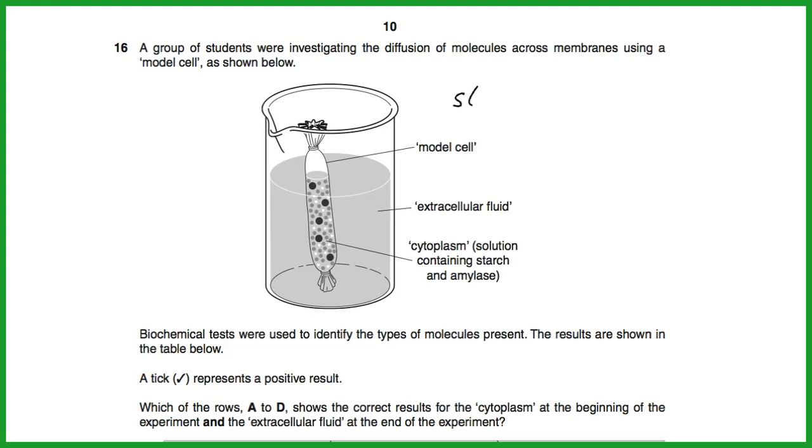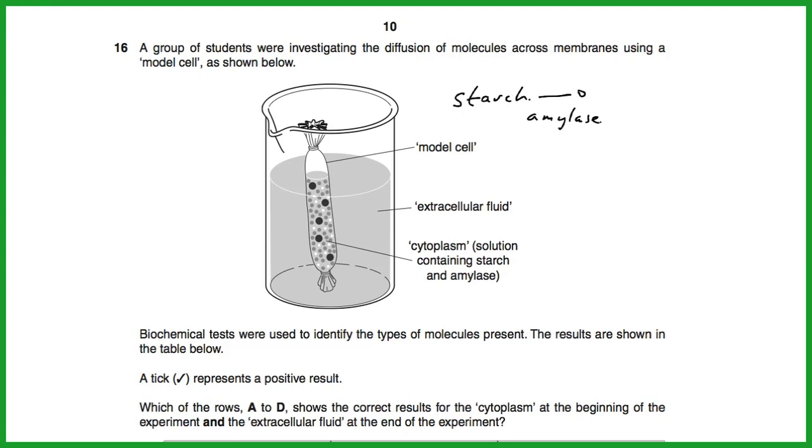So if they've put starch, remember it is a polysaccharide of alpha glucose joined together by glycosidic bonds forming amylose and amylopectin. Now starch is then going to be hydrolyzed, the glycosidic bonds are going to be hydrolyzed by amylase, which is an enzyme, so it's a protein.